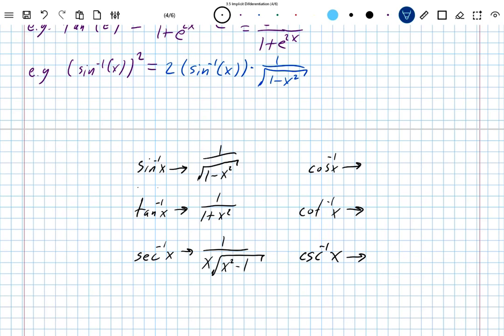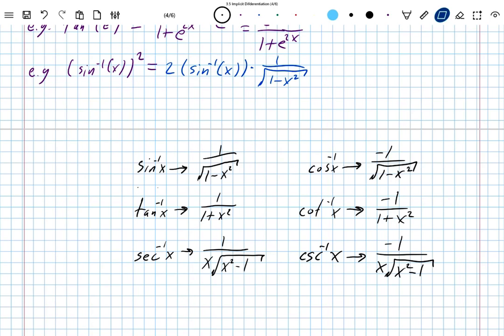So the derivative of inverse cosine is just negative 1 over the square root of 1 minus x squared. The derivative of cotangent inverse is just negative 1 over 1 plus x squared. And the derivative of cosecant inverse, I know I didn't prove secant inverse to you, but you should try it on your own, it's just the negative of 1 over x square root x squared minus 1. So nice.